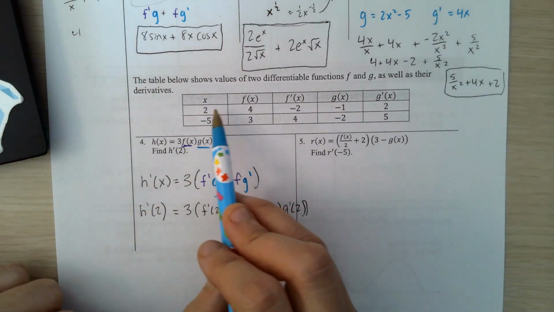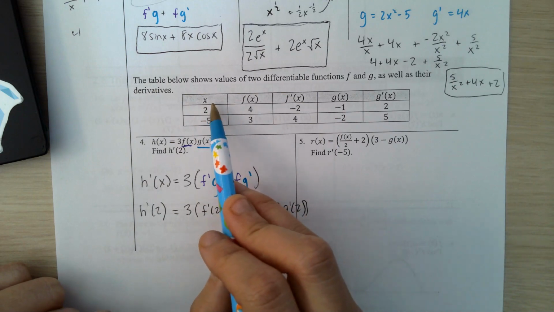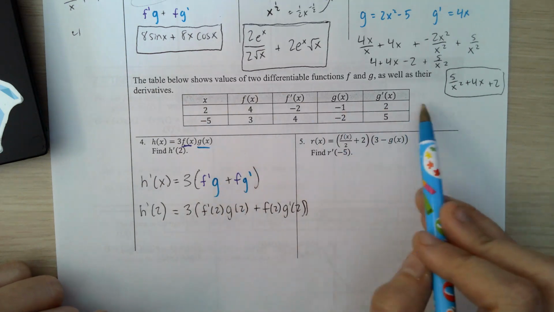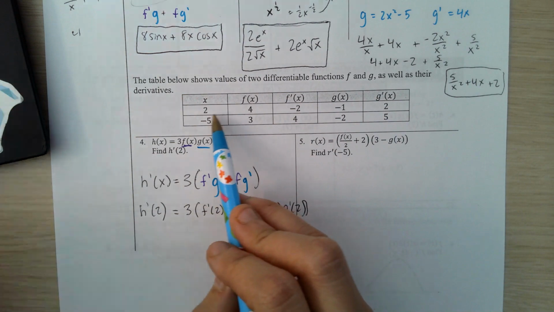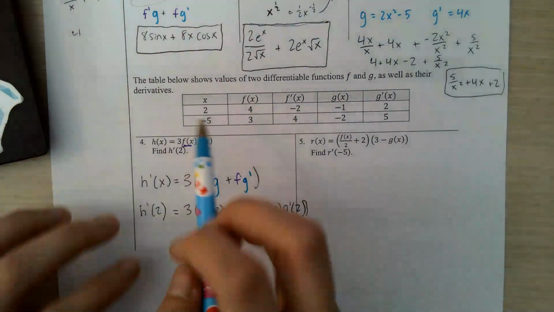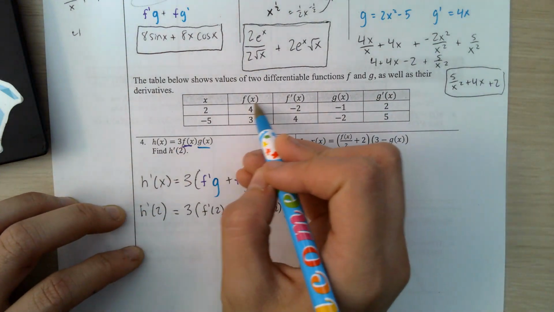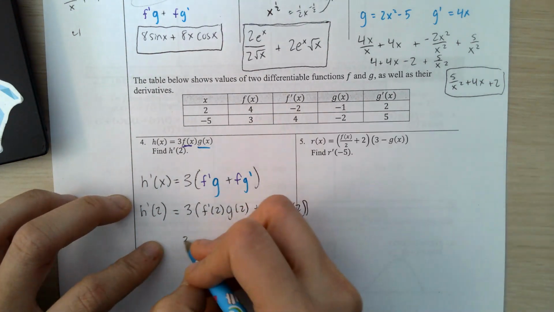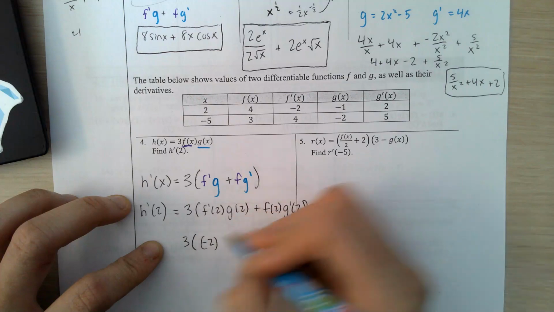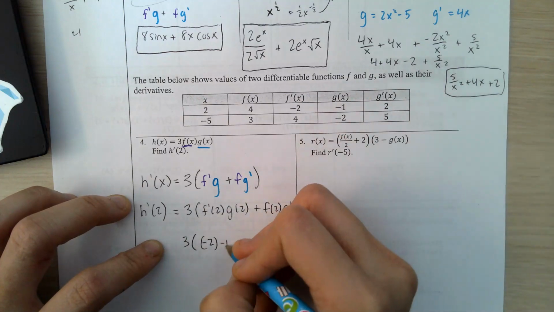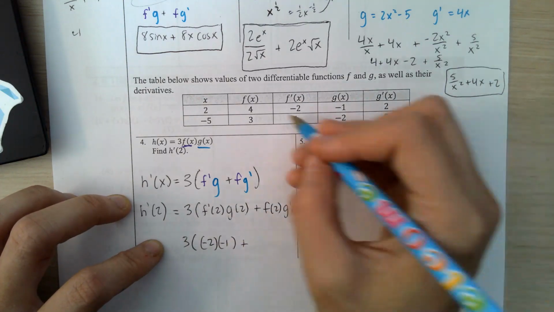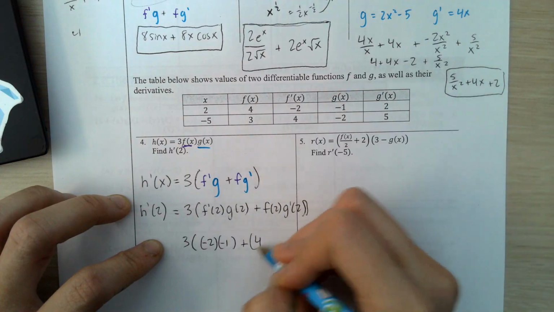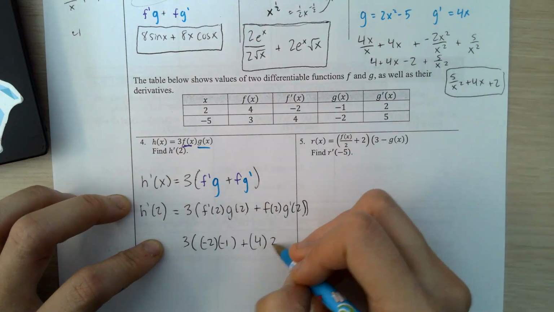So remember, this is our x, and this is our f of x. So f prime of 2 would be negative 2. So we have 3 times negative 2, g of 2 would be negative 1, plus f of 2 would be 4, g prime of 2 would be 2.